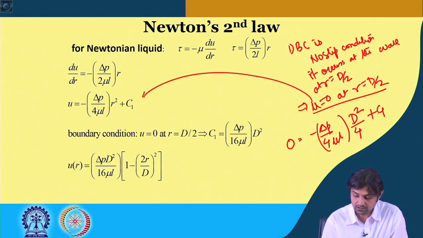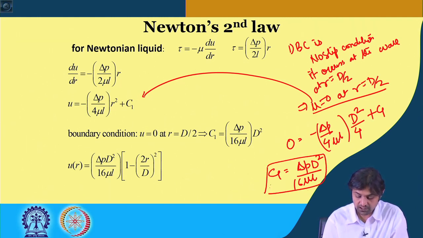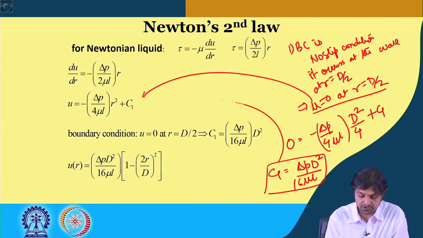All right. So what do we get? We get C1 as delta p d square by 16 mu l. All right. So this is the value of C1 that we get, and if we substitute this C1 here, let's do that.